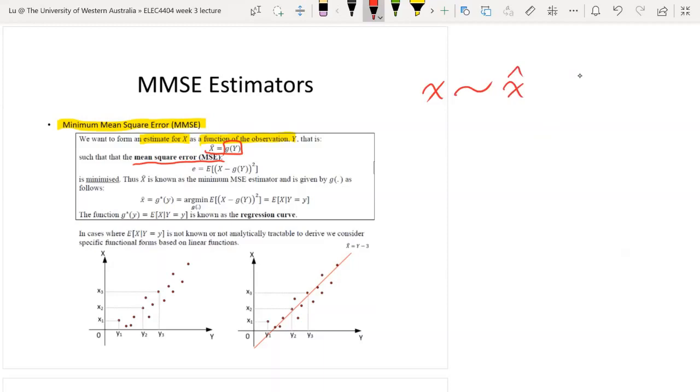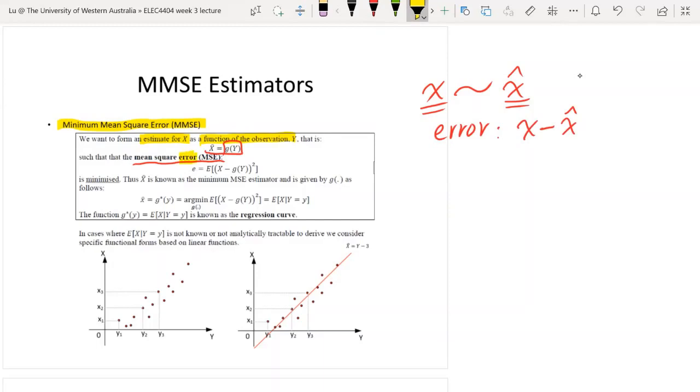In more than 99% of cases, our estimation will not be as accurate as zero error. So that means between the true value of x and our estimation, there must be some difference. This difference is called estimation error, which is x, the true value, minus our estimation. This is why we call this an error.